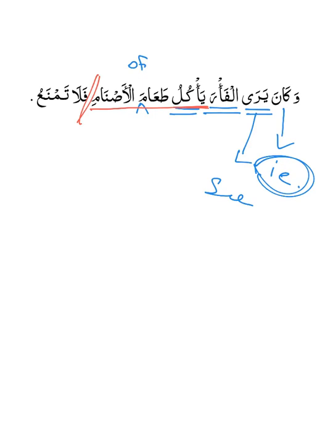Okay. And then فَلَا تَمْنَعُوا, we basically said it's a new sentence. This fa is a particle, and it denotes something you can describe as a consequence. So he's seeing the mouse eating the food of the idols. فَلَا تَمْنَعُوا.